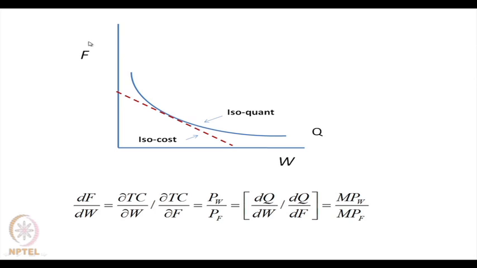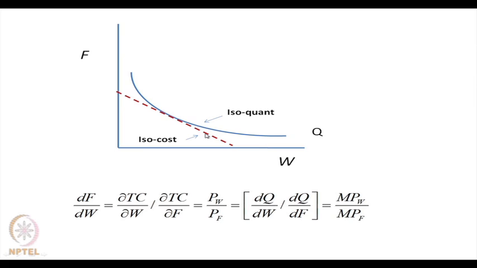This is showing fertilizer here on the y axis and water on the x axis. Now, the different combinations of fertilizer and water that will give the same quantity of potato form the isoquant line, whereas this is the isocost line.